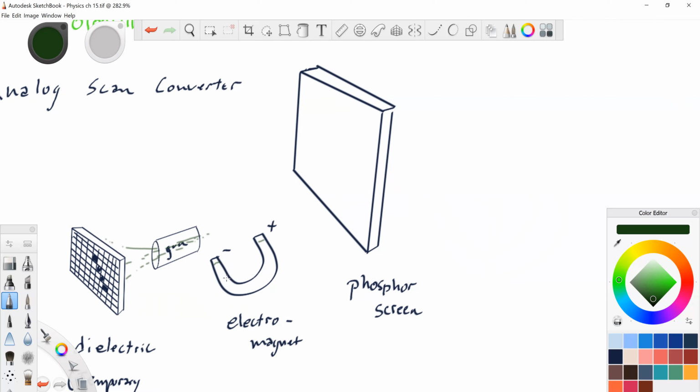manipulate the magnet. Remember, as I taught you already, an electromagnet is magnetized when electricity runs to it. So varying the amount of electricity would vary the strength of the electromagnet.